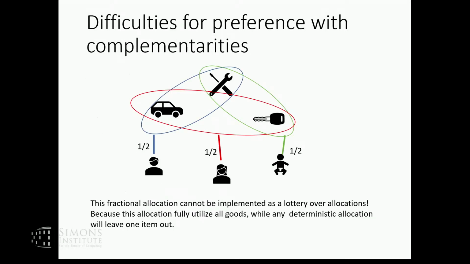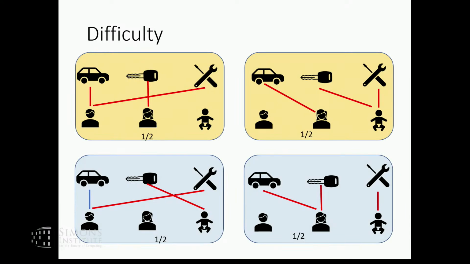So somehow we end up with a competitive equilibrium over the lottery shares, where I consume the bundle of the car and the tool with half probability, my wife consumes the car and the key with half probability, and my kid consumes the key and the tool with half probability. And I cannot really implement this. One way I can implement it is that half of the time I get the car and the tool, my wife gets the key. Half of the time the kid gets the key and the tool, and my wife gets the car.